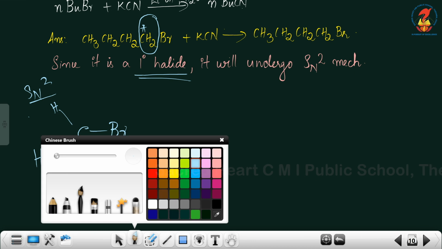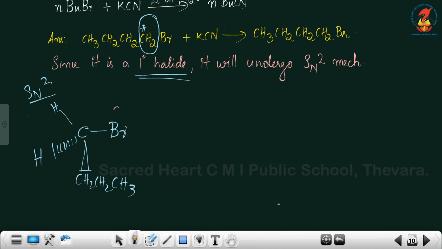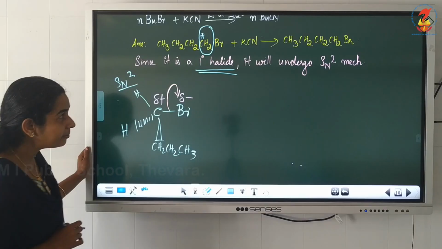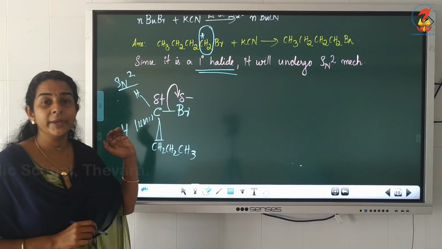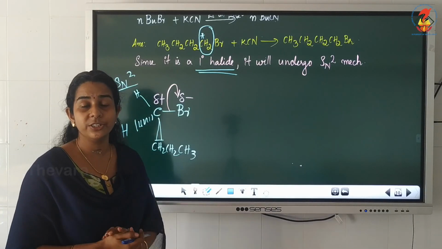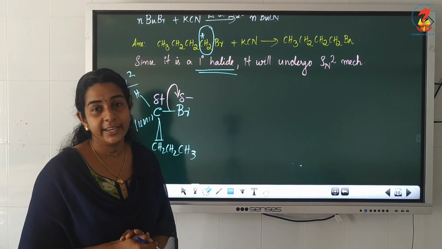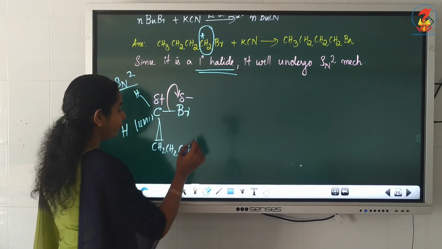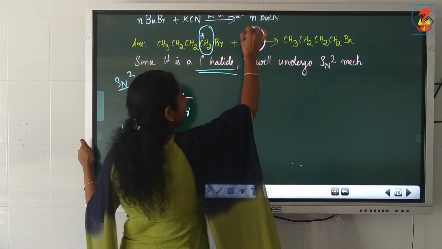First we draw the polarization, delta minus, delta plus, and bromine will go with this bond pair. At the same time, since it is an SN2 mechanism, breaking and formation take place simultaneously. And here the nucleophile is CN minus.